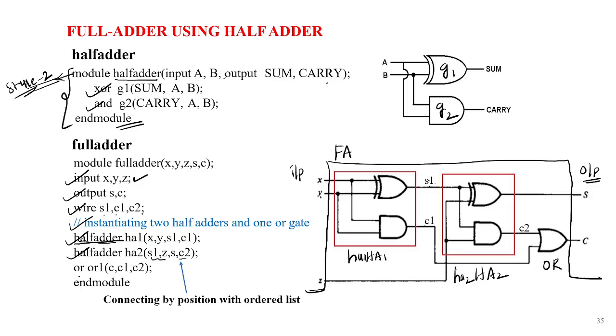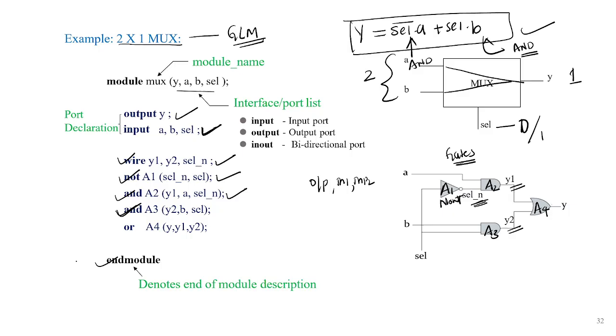And OR means gate level modeling, OR R1. What is the output? C, and the inputs are C1 and C2. OR means gate level primitive.